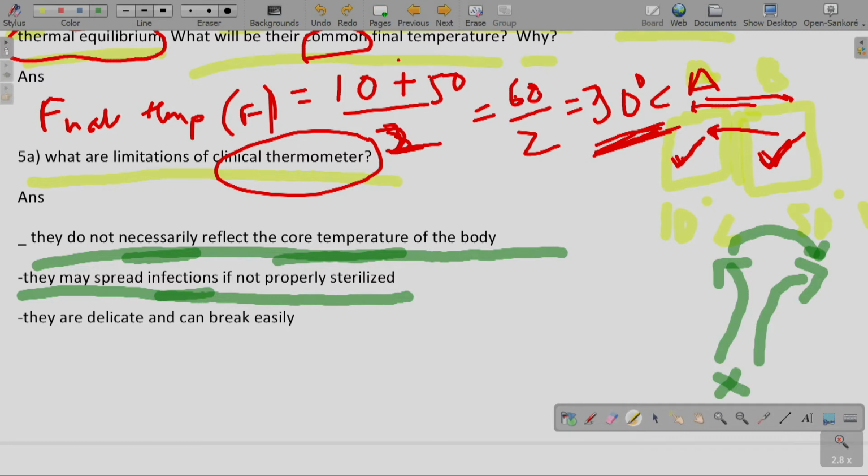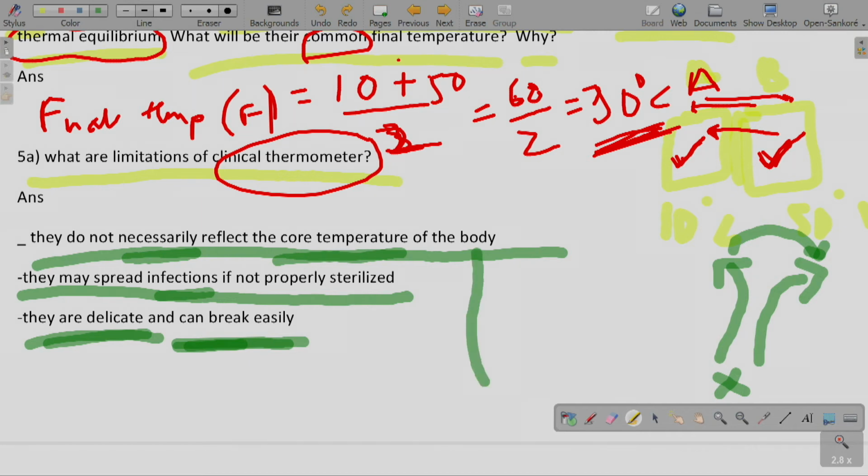Also, the third limitation is they are delicate and can break easily. If you touch it by using force, then it's going to break very easily. Therefore, they are very delicate, and it is not preferable to use devices which are very delicate, because accidents happen. So the limitation is that they are delicate and can break easily.